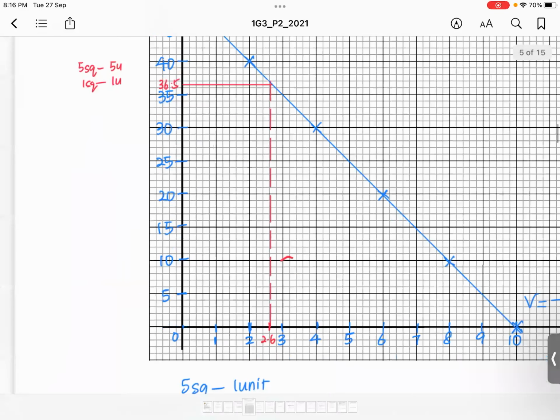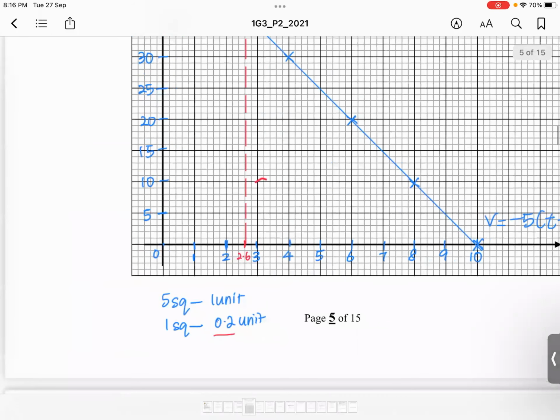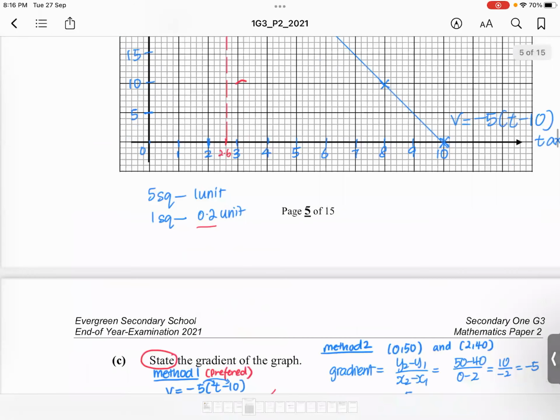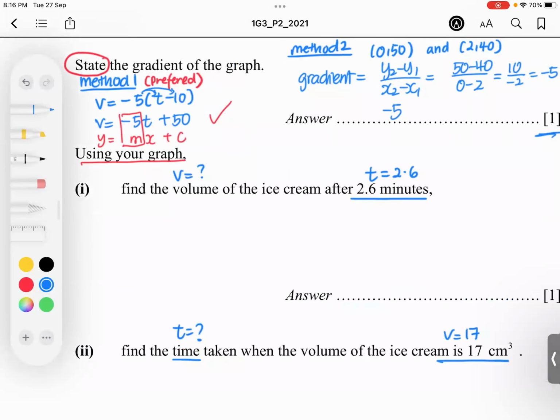Although I already told students you cannot do the calculation and are supposed to use your graph, if I want to ensure that my answer is correct, I can cheat here. v equals -5 times the t, which is now 2.6, plus 50.